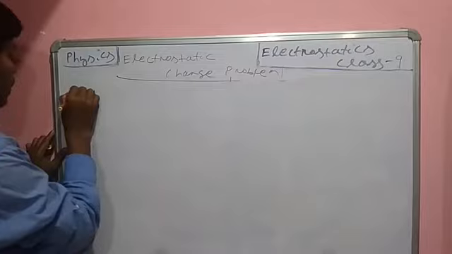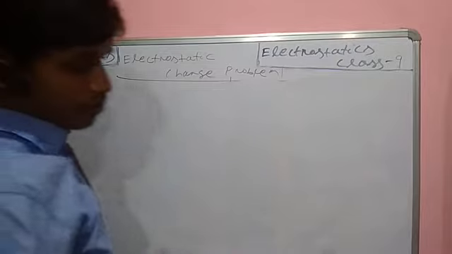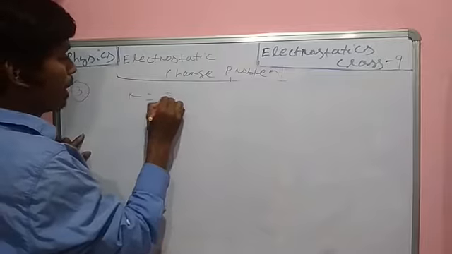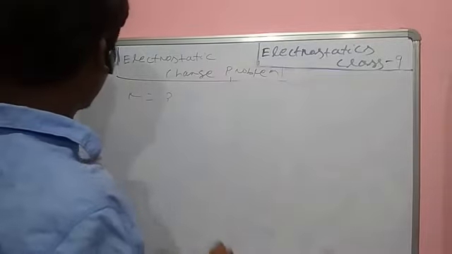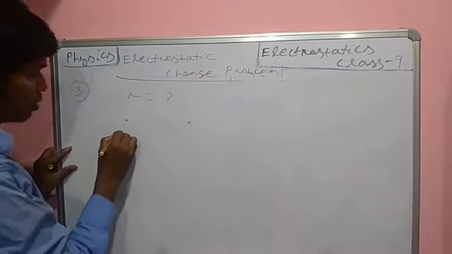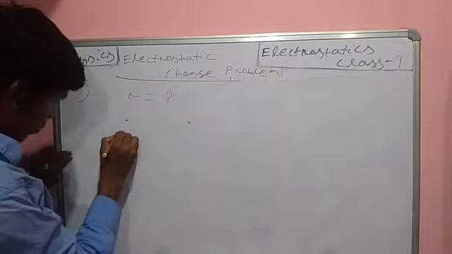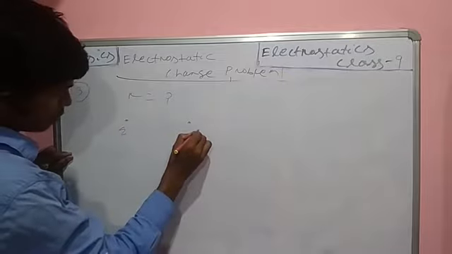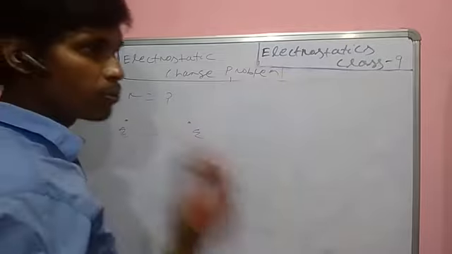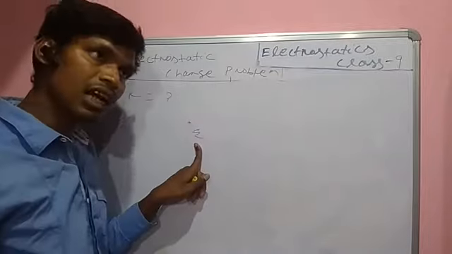Question number 3. The distance between two protons has to be found, given the force between two protons. Q1 is the charge of proton 1 and Q2 is the charge of proton 2.